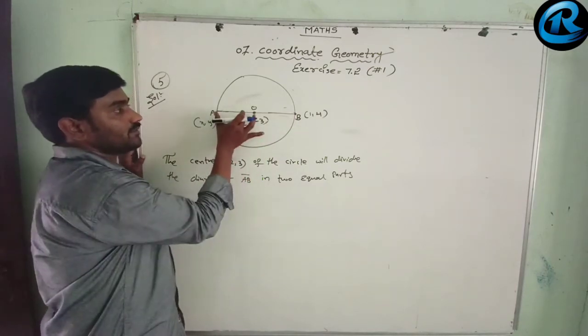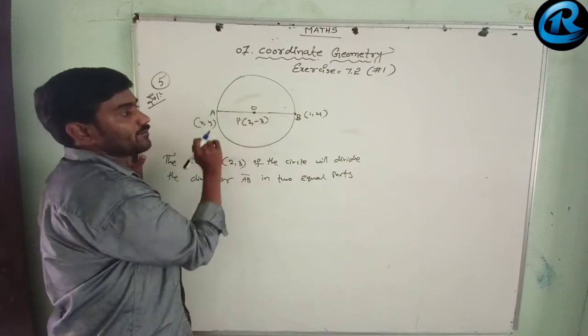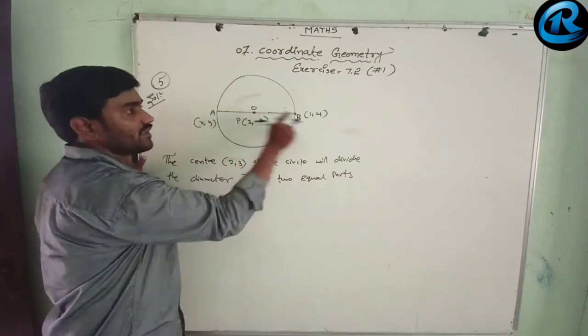Nothing but the midpoint here. Here P is the midpoint of AB.